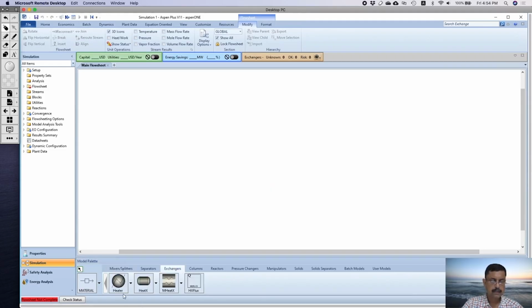This heater, thermal and phase state changer, model heaters, coolers, condenser, etc. So let us use this heater. We have to give it a name. So let us name it heater. Press it here.